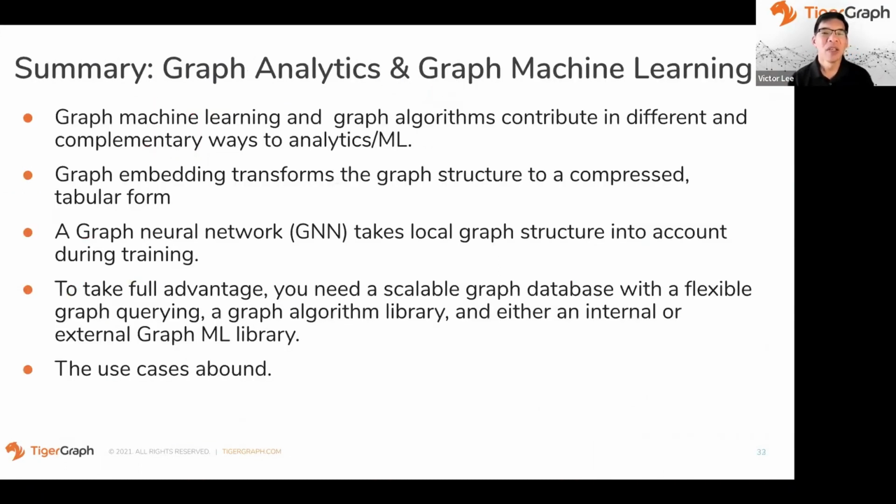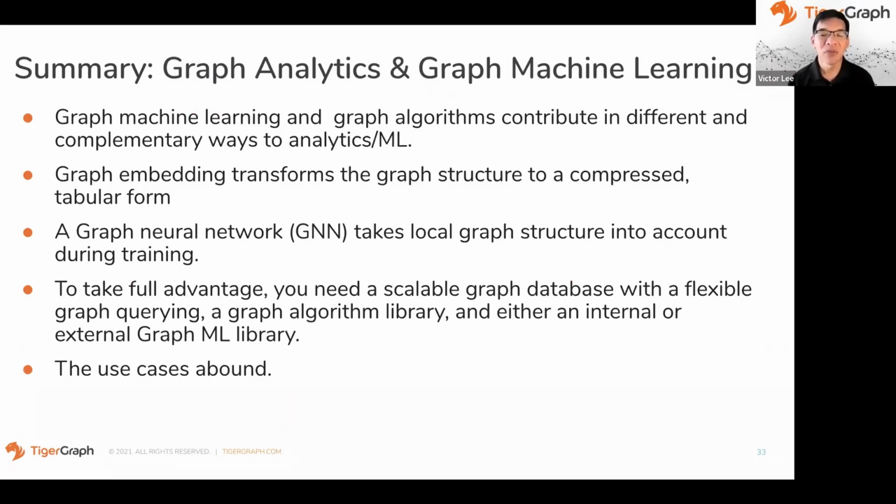And so last, I think that covers all of our points. So let's review. Graph machine learning and graph algorithms contribute in different and complementary ways to analytics and machine learning. So it's not an either-or choice. What is a graph embedding?